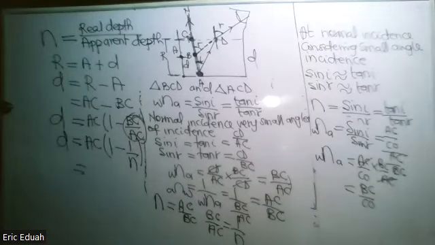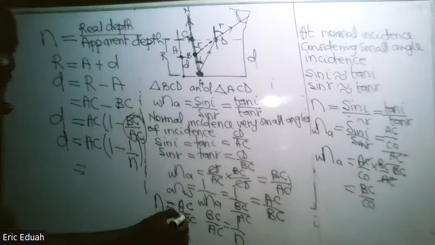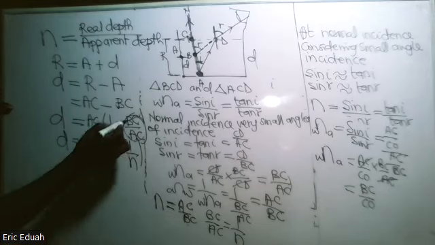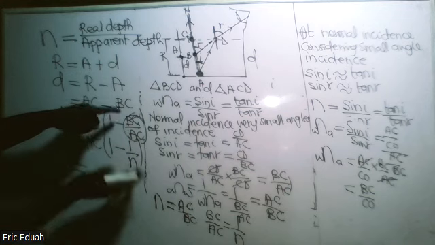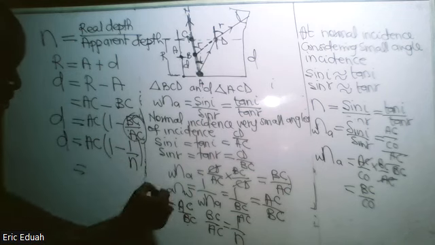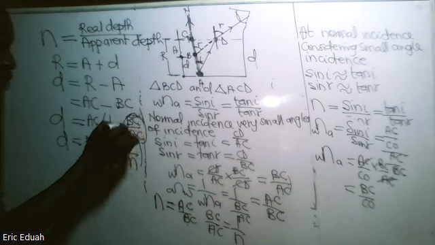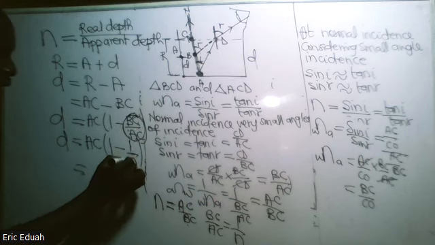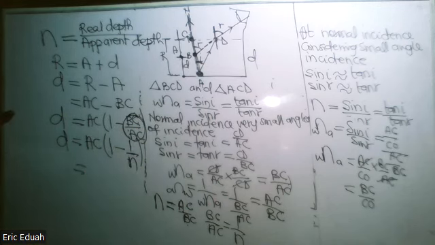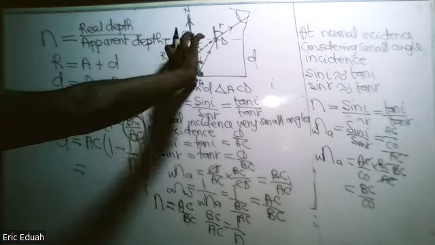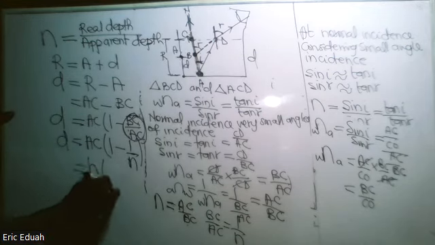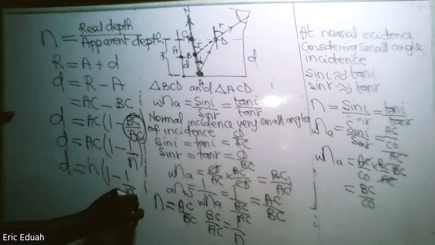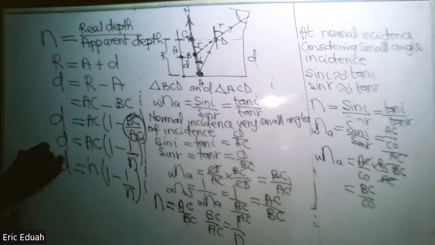Are we okay? Absolute refractive index is equal to AC over BC. So if you have BC over AC, then it means it's the reciprocal of this. And so we are substituting this as 1 over N. So if the real depth is H, then the displacement is equal to H times 1 minus 1 over the absolute refractive index of the material.